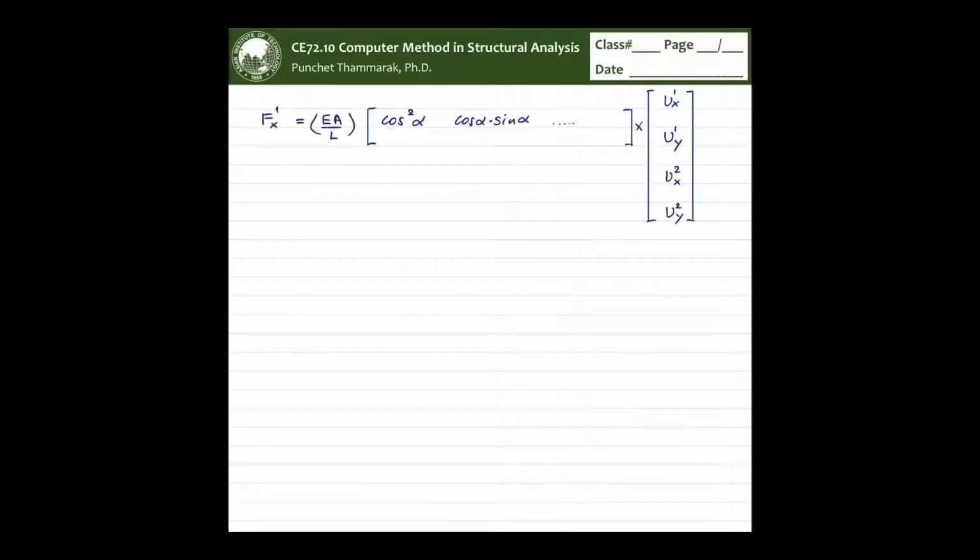Okay, so you'll find the remaining two out. Okay, you get the first equation, this.